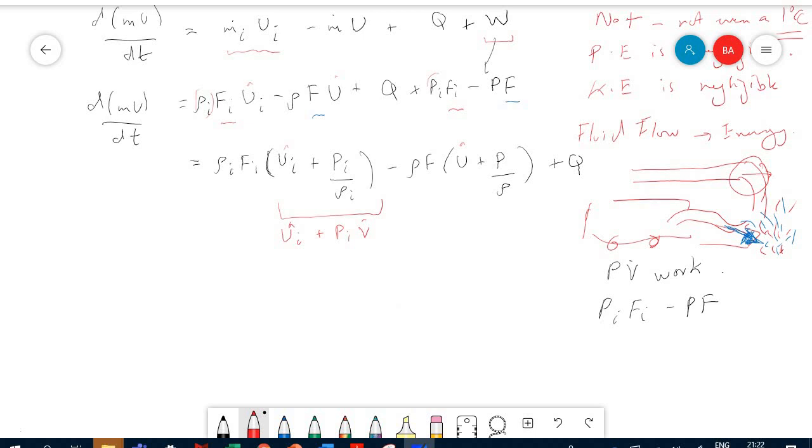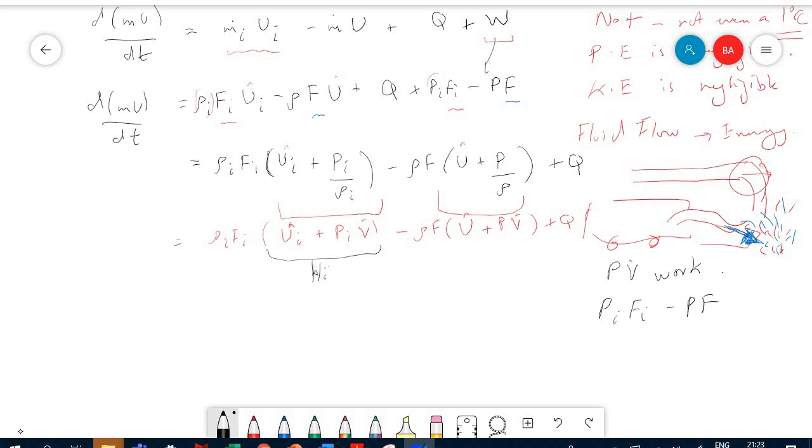So here we have U plus PV. Beautiful. And that will be minus the other term, which will also look like rho F into U plus PV, the specific volume. And what makes it better is that we know that this term is equal to enthalpy.